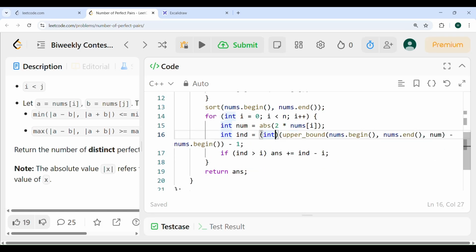So 2 into nums of i, and you are finding the index using upper bound, and you are doing a -1. Why -1?